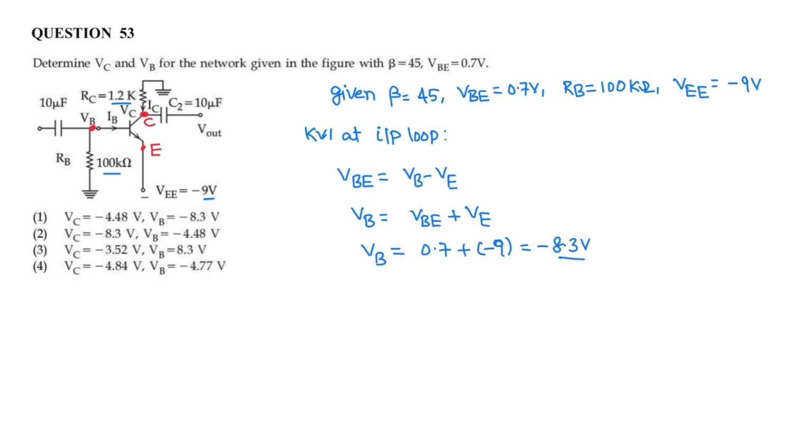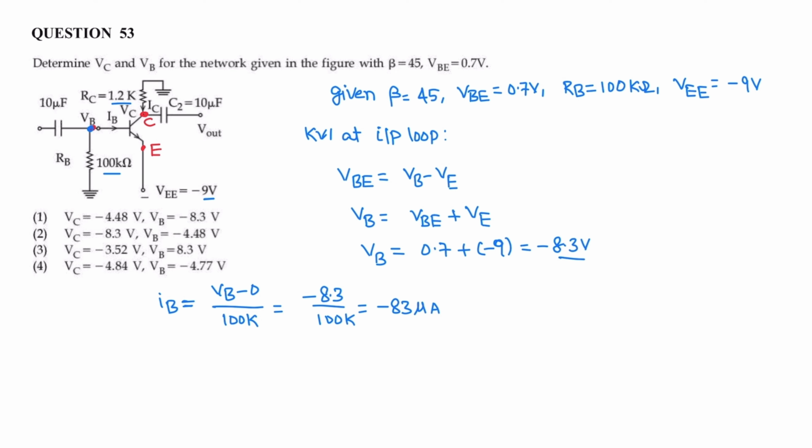Now base current IB is base voltage minus 0. So this voltage with respect to ground, that is 0. VB minus 0 by base resistance RB 100 kilo ohm. So its value is minus 8.3 by 100 kilo ohms. The base current is minus 83 micro ampere. So this minus indicates the direction of current.